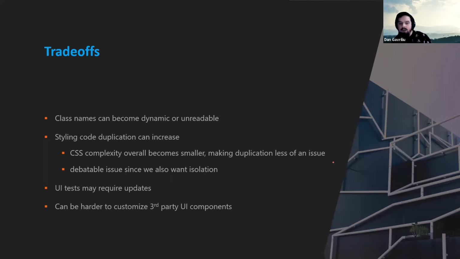Another relevant trade-off is the fact that with third-party UI components, if they are also using CSS isolation, at times it can become difficult to do styling customizations on those components. And in a lot of scenarios, this is not as much of a problem as you'd expect.